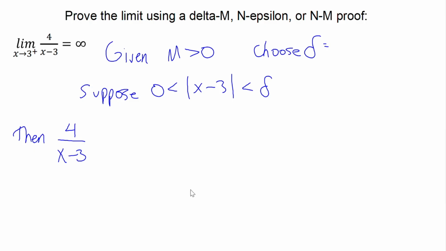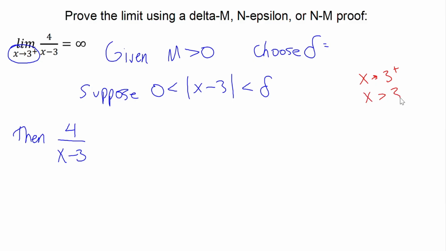What we first need to do is recognize that these ones don't involve an absolute value. So if you're putting an absolute value on here, that's just wrong. Don't do that. Second, we need to realize that we have an absolute value up here, which means we need to deal with that in some way. The way we deal with that is we recognize that x is approaching 3 from the right.